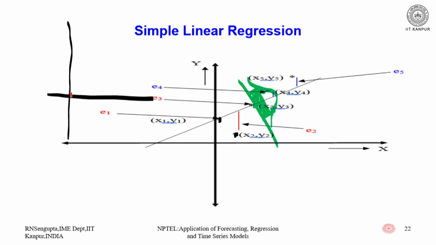So, if I plot the distribution of error, and there are many readings, the error would be fluctuating like this. It is exactly the same way as we have seen in forecasting, and the horizontal line has a value of 0, which means that if I plot the error distribution, it would look like this, with a mean value of 0 and a standard deviation of 1 or sigma square, which remains fixed.